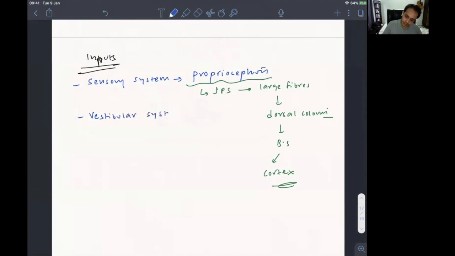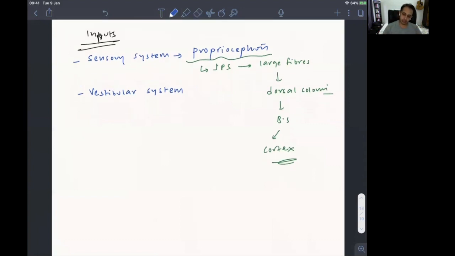We have not discussed the vestibular system in detail yet. Maybe we can take another discussion just on the vestibular system because it deserves an entire discussion. But for now, just know that the function of the vestibular system is to maintain balance.